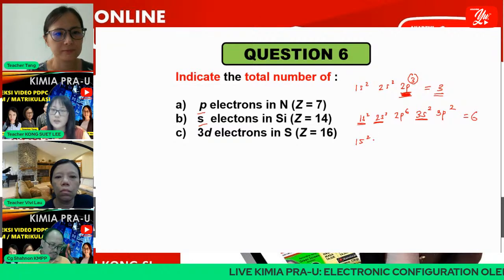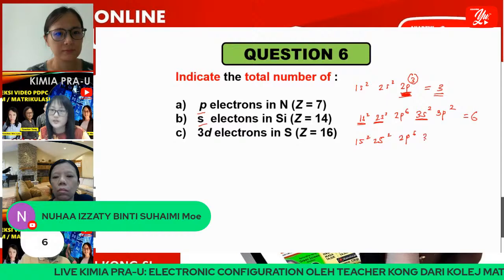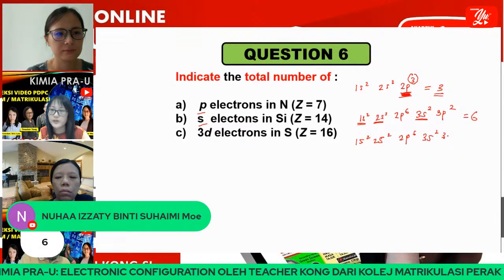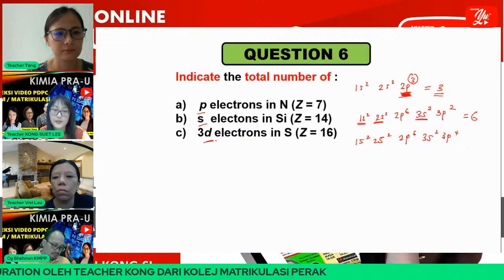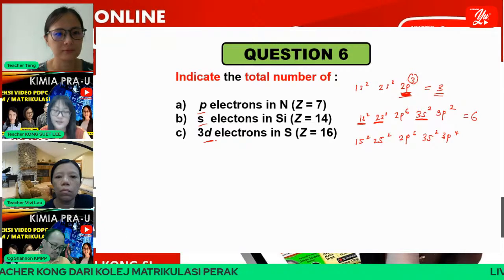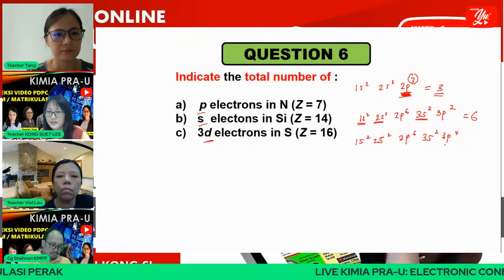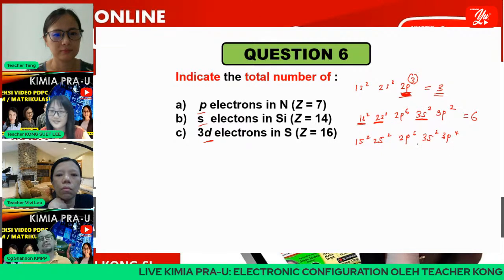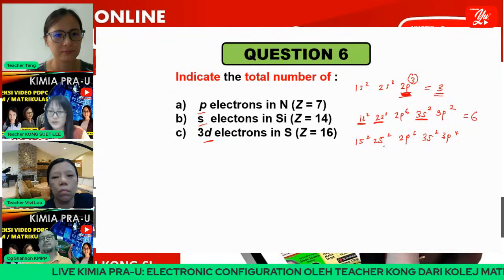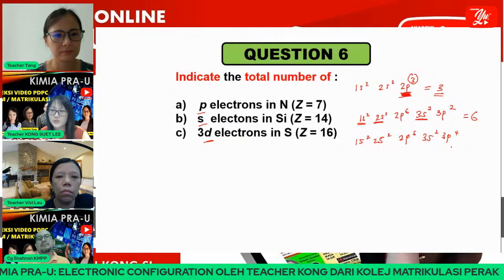So it's the same: 1s2, 2s2, 2p6, 3s2, and then 3p4. In this case, the question asks about d. 3d electrons in S. S is sulfur. So is there any 3d electron for the sulfur element? 1s2, 2s2, 2p6, 3s2, 3p4.